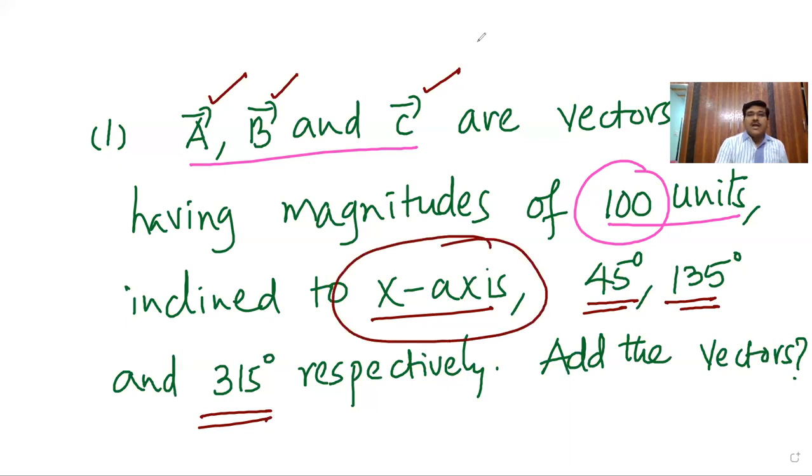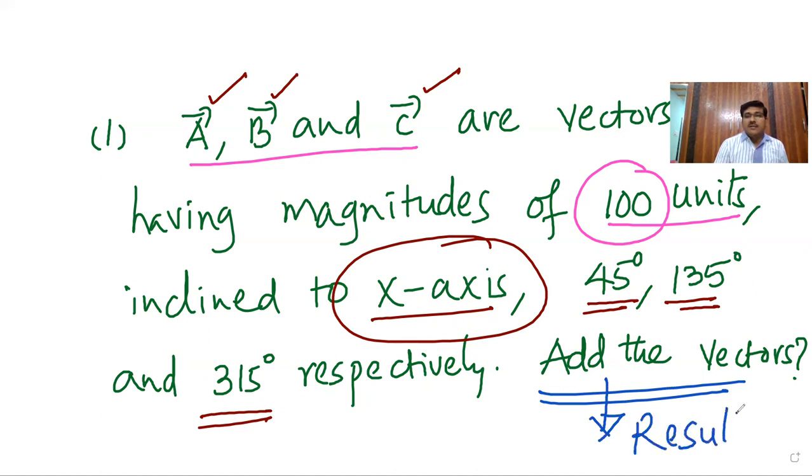Now he says add the vectors. What is the meaning of adding vector? He says resultant. Adding means result. He is asking us the result. Clear? Let us solve this problem.